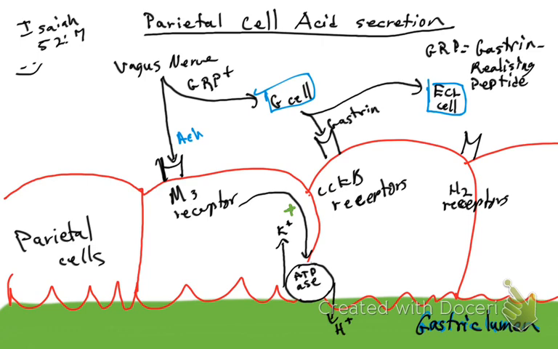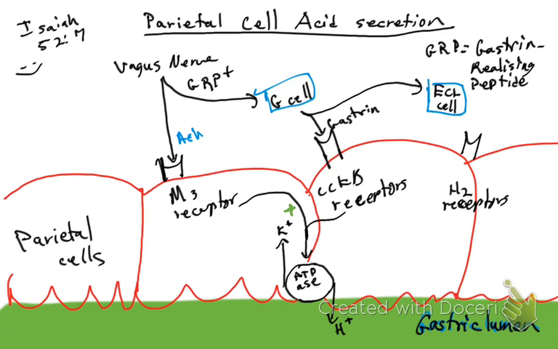Let's just continue with what's going to happen with gastrin. So gastrin goes through the receptors here. Now it's going to cross through the CCKB receptors, and is going to join this group here to stimulate your hydrogen potassium pump, hydrogen potassium ATPase.